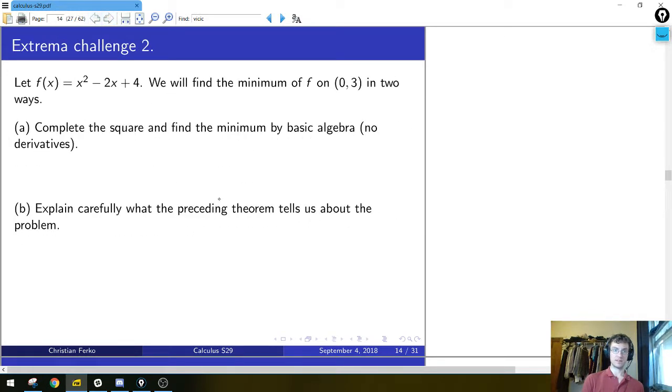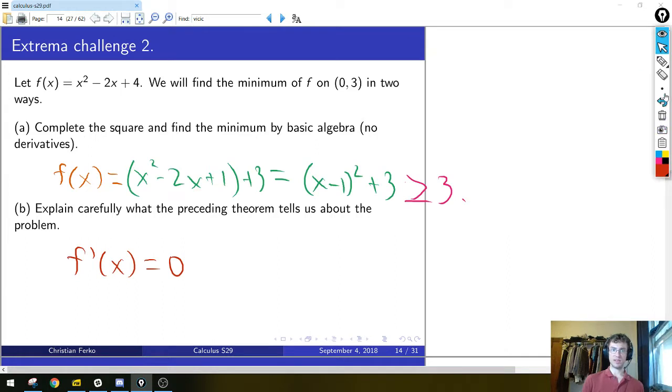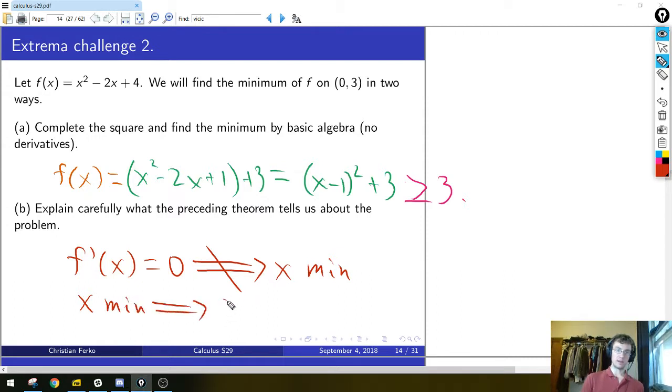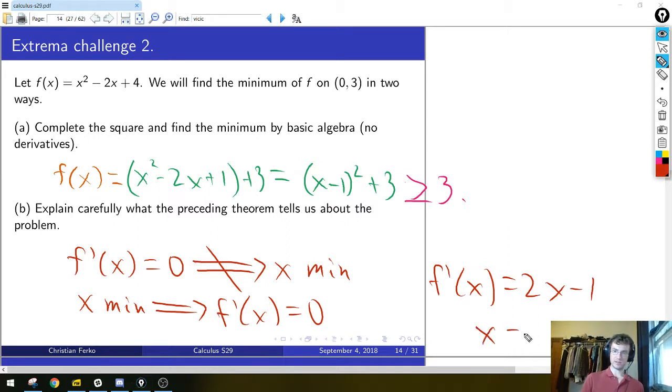So when I say explain carefully what the preceding theorem tells us, it doesn't tell us that f prime of x equals 0 implies x is a minimum, but it does tell us that if x is a minimum, it implies that f prime of x equals 0. Right, so as you say, we could just take the derivative and say this is 2x minus 2, and that equals 0 when x equals 1.